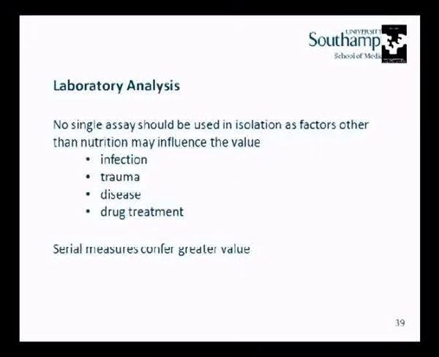And this relates to that last point, that you need to consider whether there's infection or trauma or disease or any drug interaction that might be going on that could affect a biochemical marker for a nutrient. And obviously having more than one measure is better than having a single measure.